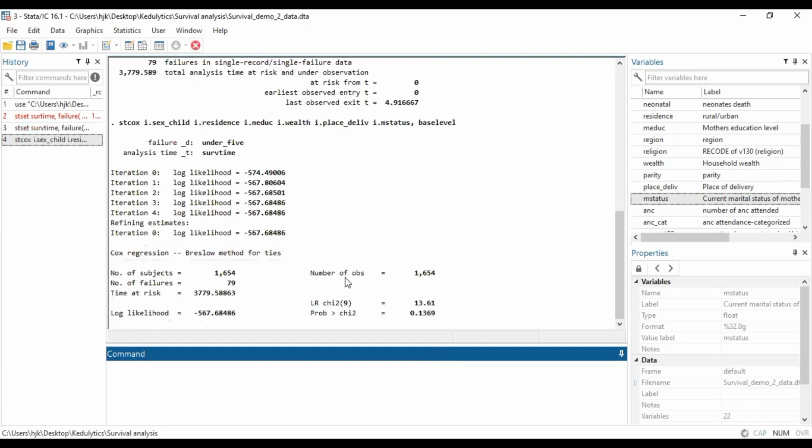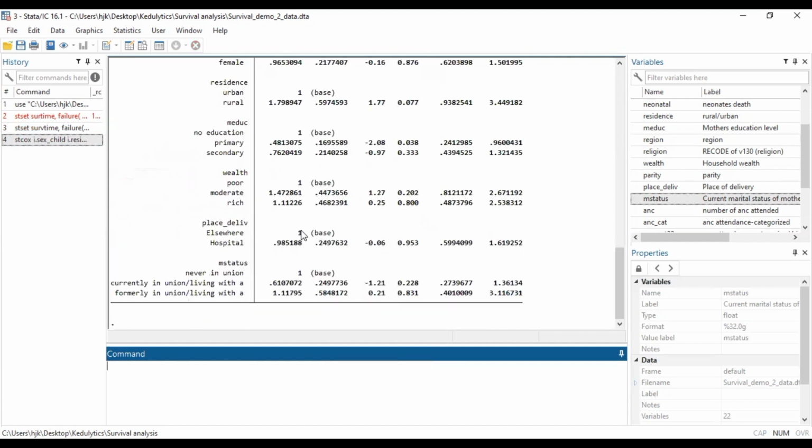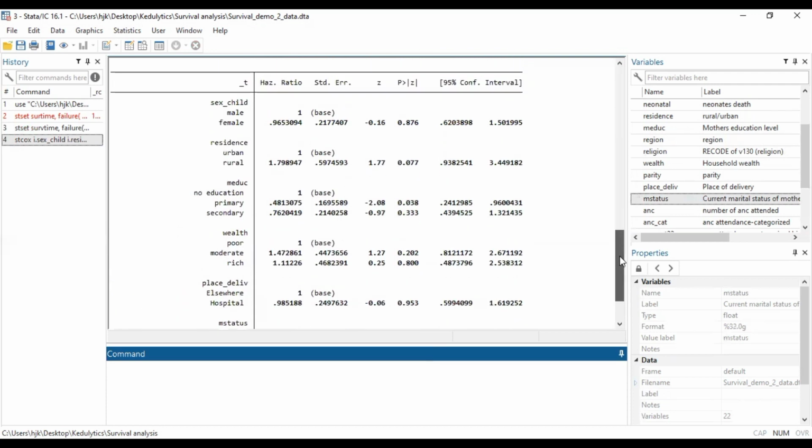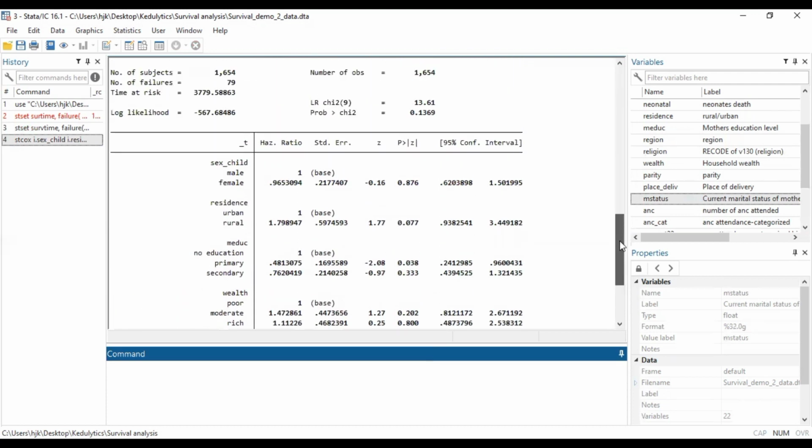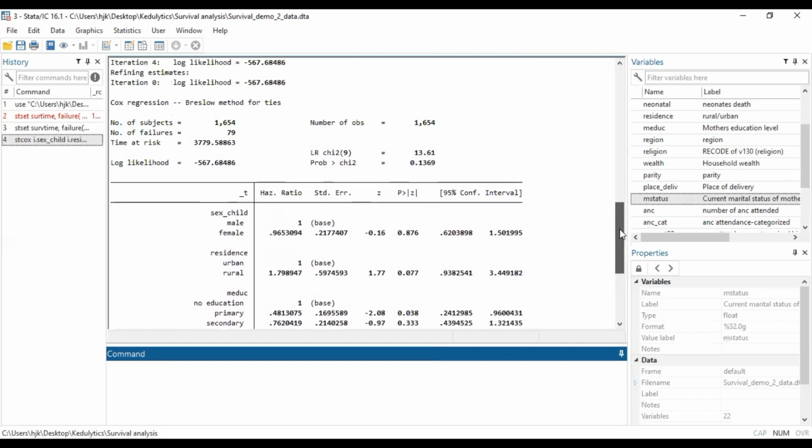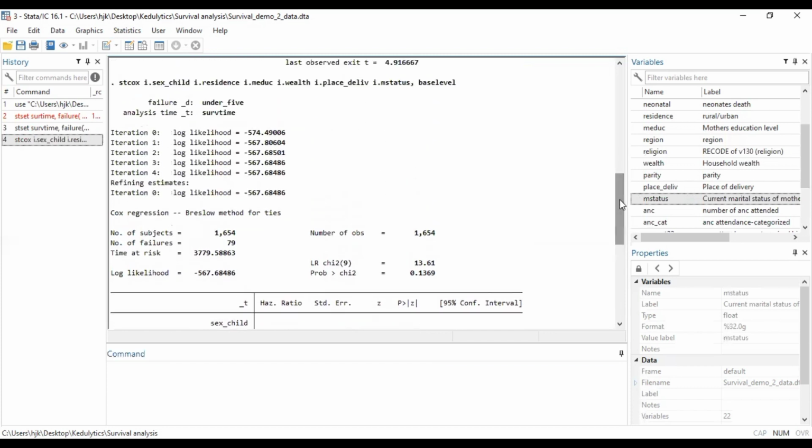Once we run the model, it takes a few minutes to load. As we can see here, we have our Cox proportional hazard ratio model built. We have the failure variable and the analysis time, then the iterations, and the Cox regression method for ties.